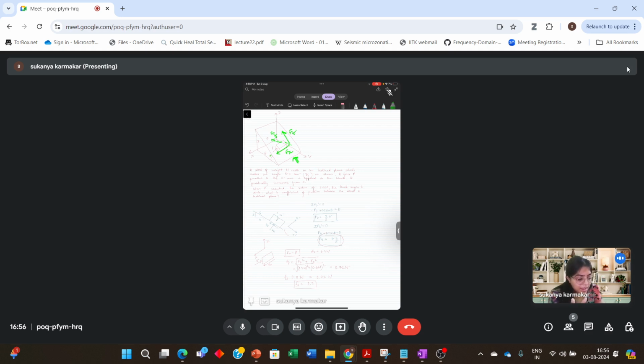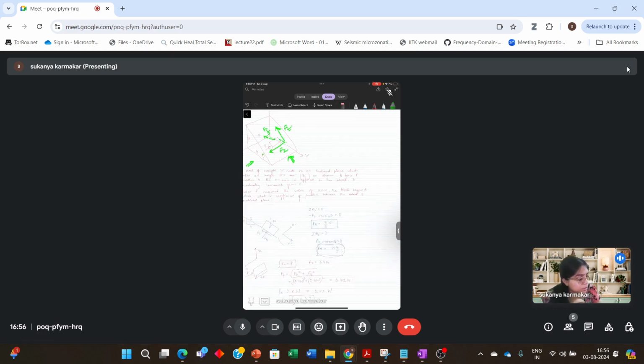P is the force and Fx is the force appearing on the body, and they need to be equal. Similarly, if you view the block from this direction, then what are the forces acting on the body?